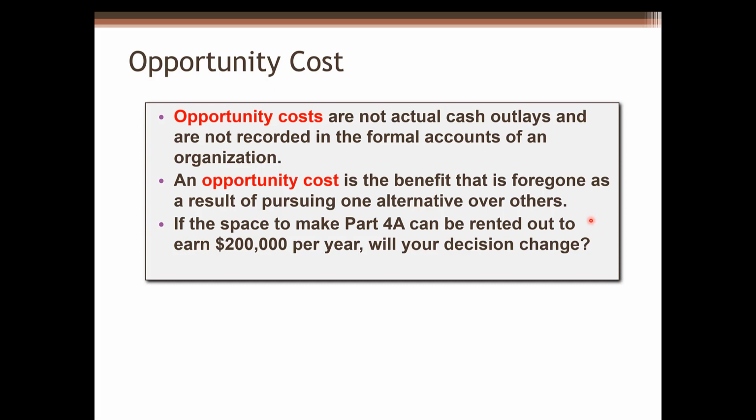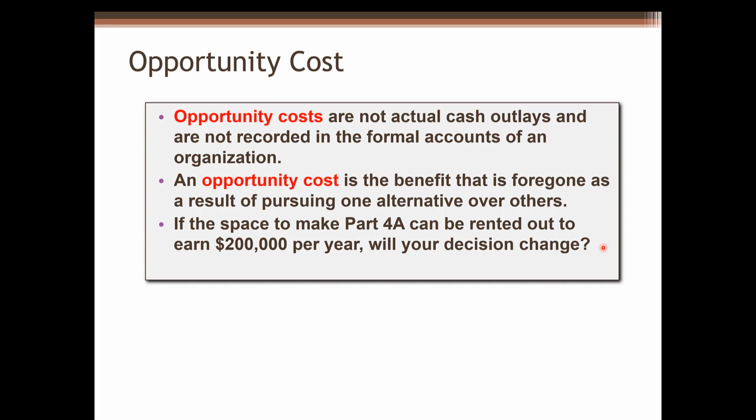If the space used to make part 4A can be rented out to earn $200,000 per year, will the company change its decision? If the company makes part 4A rather than buying the part, the company can save $160,000.